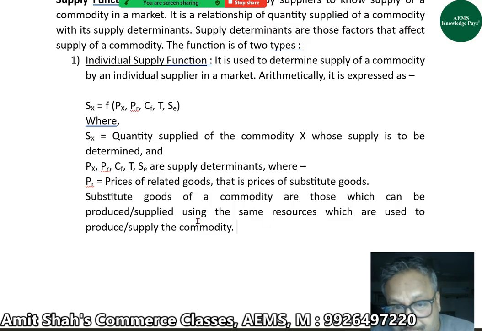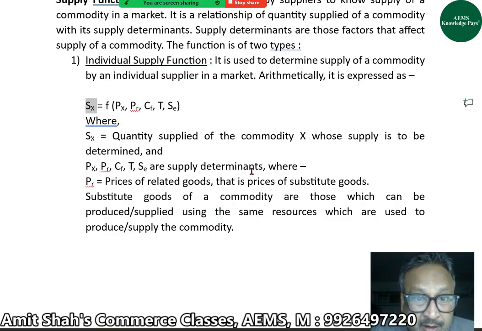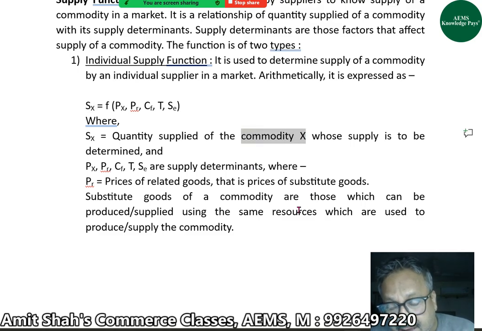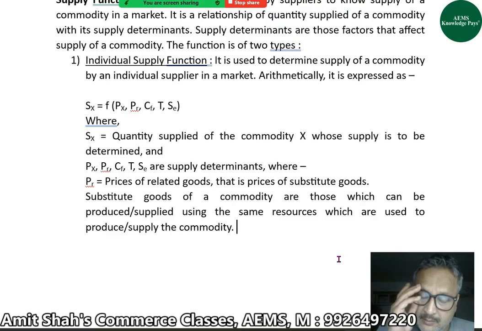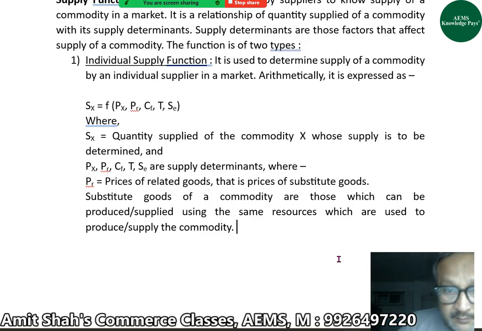So by using the resources, you are making commodity X. Using the same resources, if you can make any other commodity, then those other commodities are substitutes of X. Am I clear? Yes, sir.